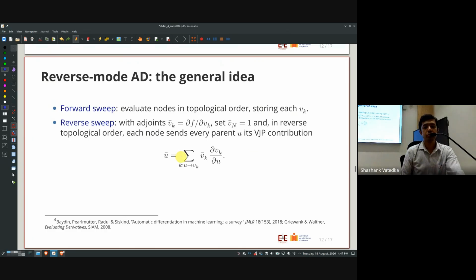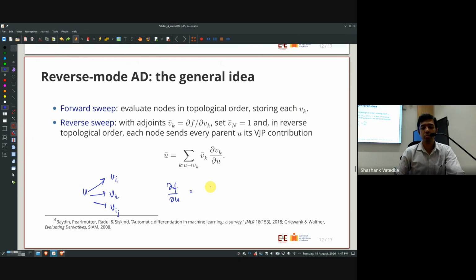So for any intermediate variable u, let's say I have u being connected to vi1, vi2, up to vij, u bar, which is the partial derivative of f with respect to u, is simply equal to a summation over all i1, i2, i3, and so on.